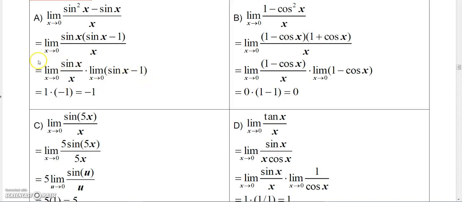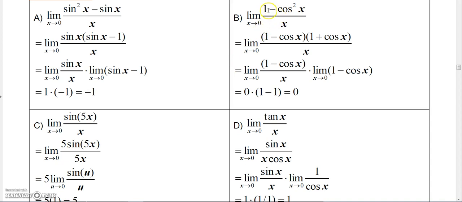The limit of sine x over x is 1. If you plug 0 in here, sine of 0 minus 1 gives you minus 1. So you'd have 1 times minus 1, which is negative 1.